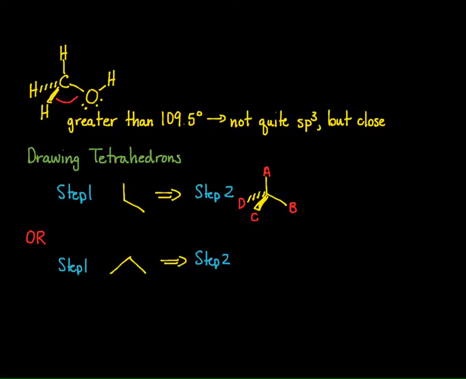Some students will draw it pointing down and all sorts of things. Remember, the dash and the wedge are going to be in the same direction and opposite the angle that you draw of the two bonds that are in the plane of the board. So in this case, that angle is down, so I'm going to draw the dash and the wedge up, right?